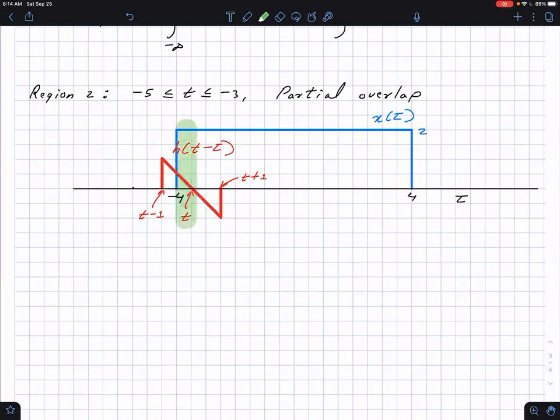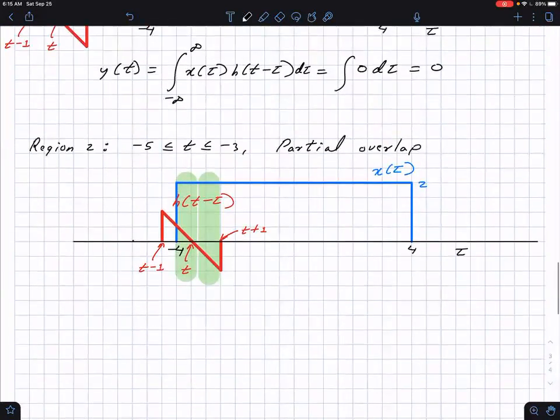So the overlap starts at the left end of the blue function, which is tau equals -4, and the overlap ends at the right end of the red function, which is tau equals t plus 1.